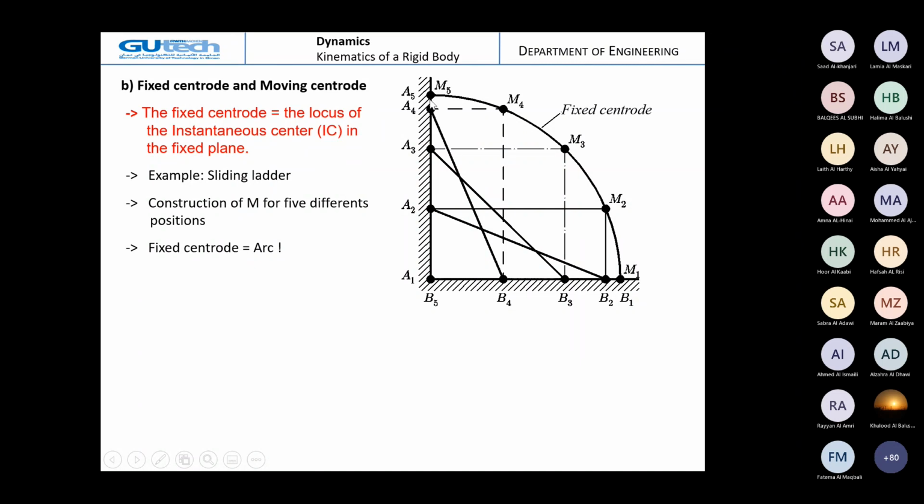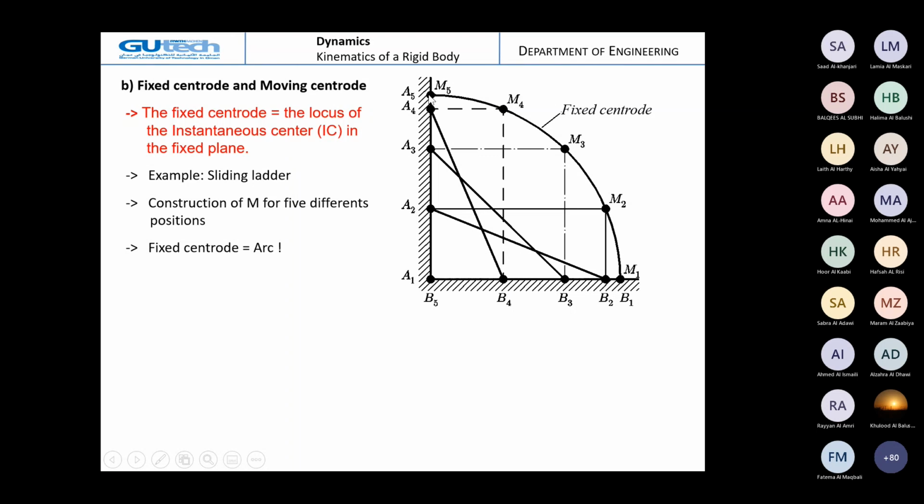Then we have, for example, A5. The point A is moving to this position at time T4, and after this, moving to T3, T2, and T1. At T1, the ladder will be at this position here.